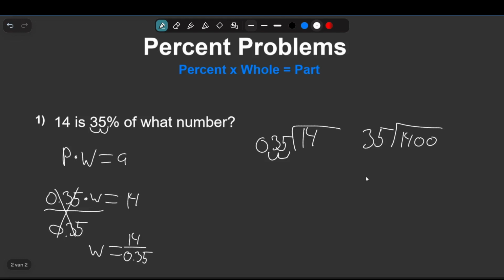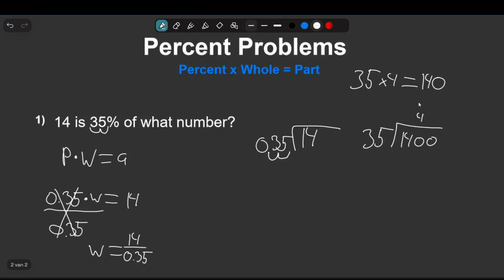So the first step we're going to take is to see how many times 35 fits into 140. Well, 35 fits 4 times into 140. So we write our 4 up here. Now we have to multiply. So 35 times 4 will equal 140.